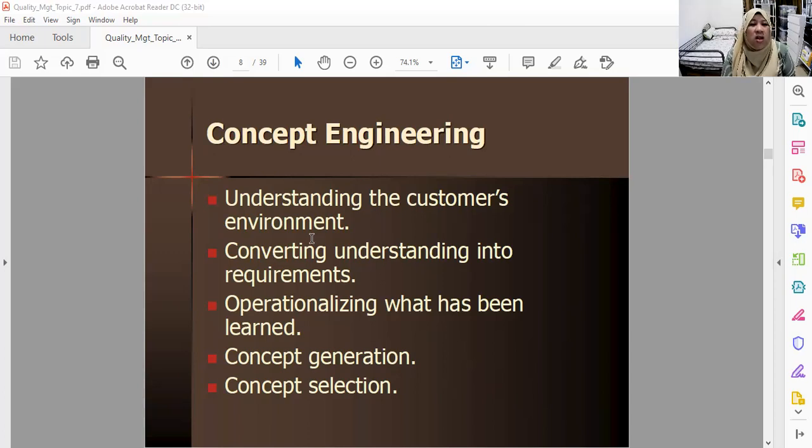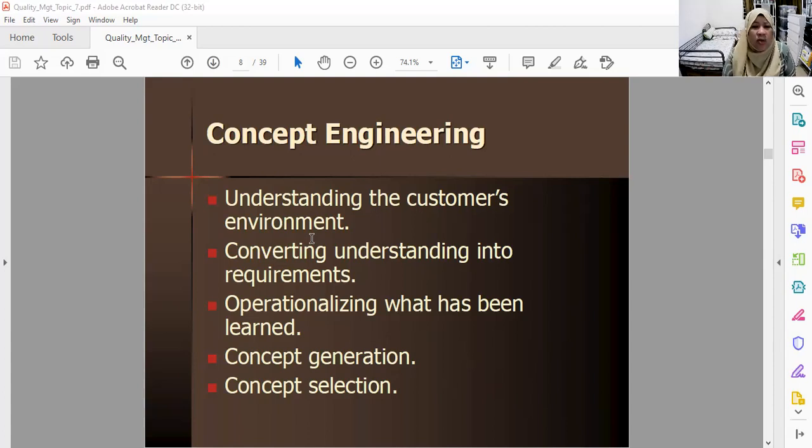Okay, so the first one, when we're talking about understanding the customer environment, say I give the example just now, the customer is living in a suburban area. How do they want to use this product? So we look into whether it is a very universal and very user friendly product as well.